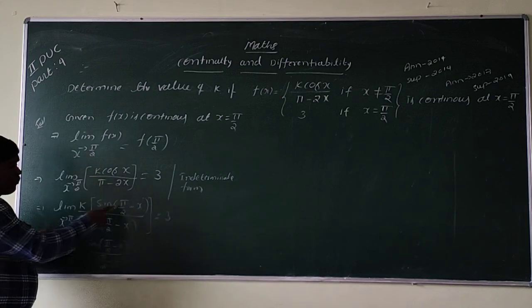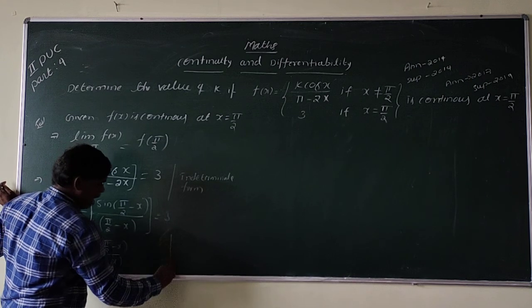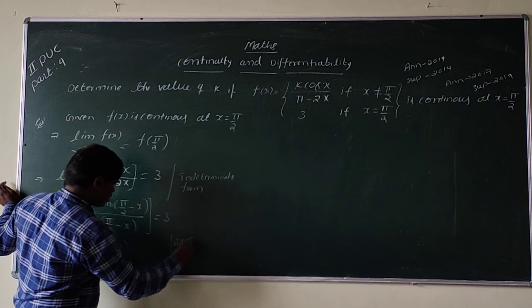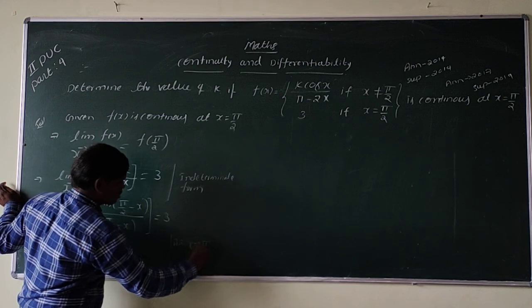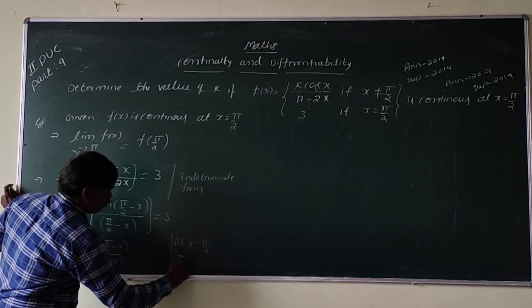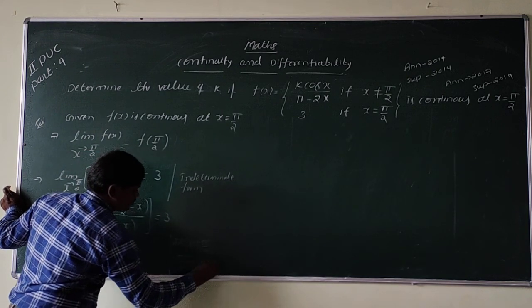So I am writing here x tends to pi by 2. As x tends to pi by 2, pi by 2 minus x tends to 0.